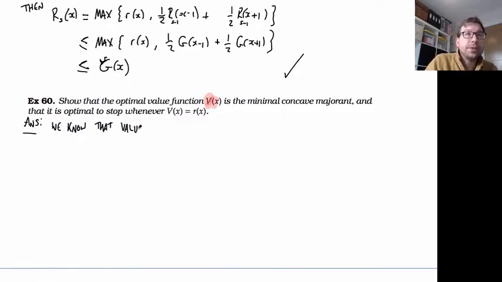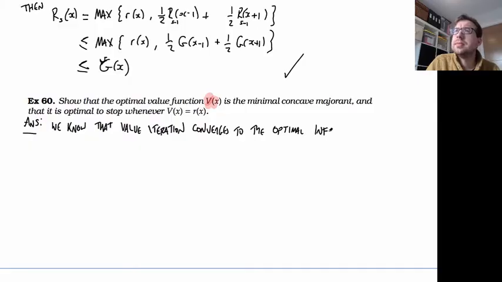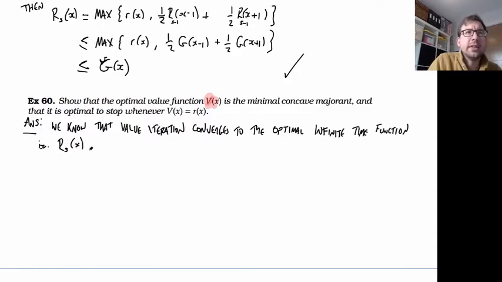Okay, so the value iteration converges to the optimal function, i.e. R of s of x goes all the way up to v of x as s goes to infinity.